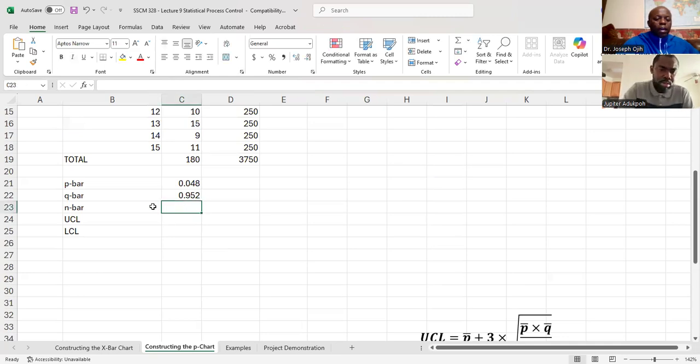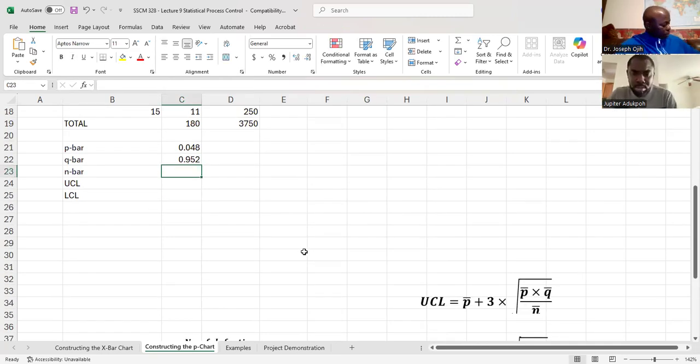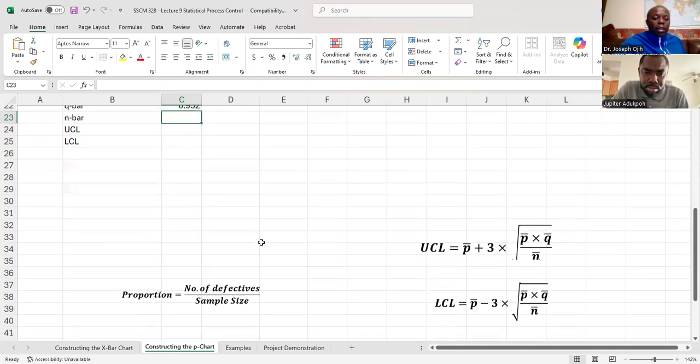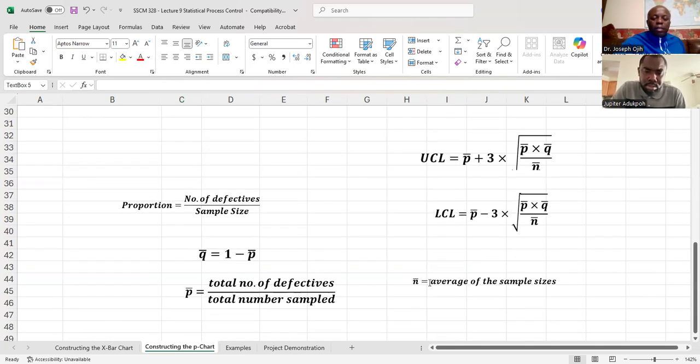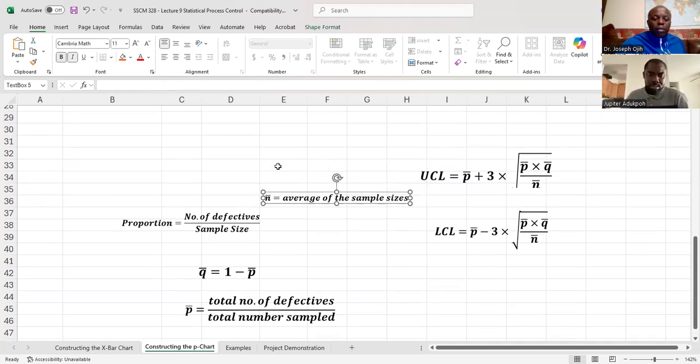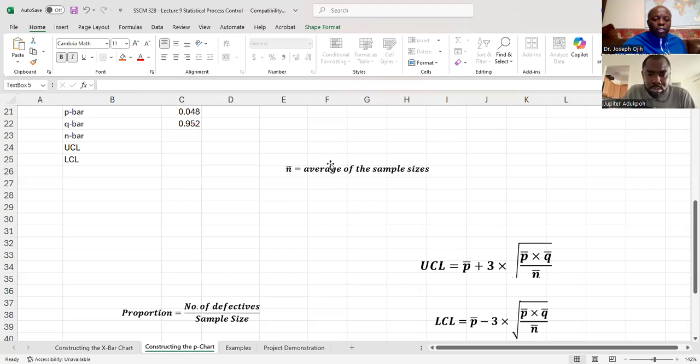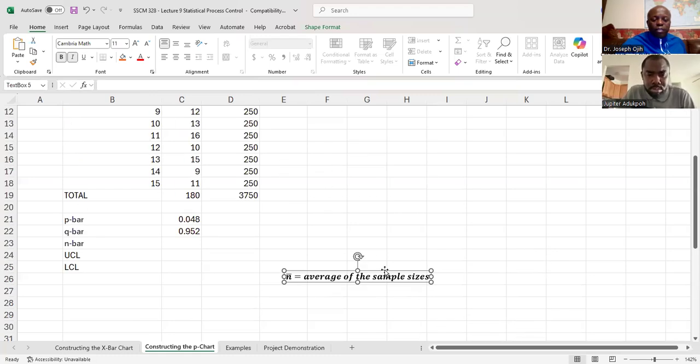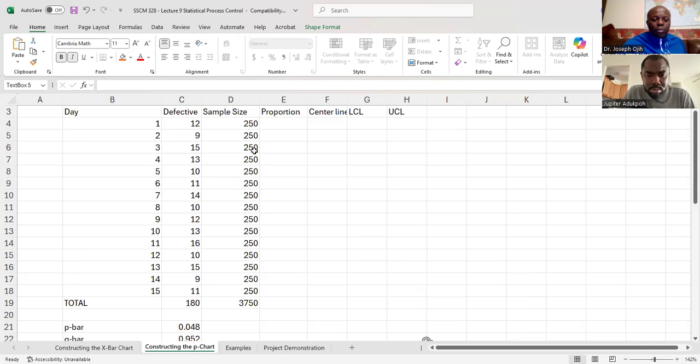Now, next is N bar. N bar simply means the average of the sample size.